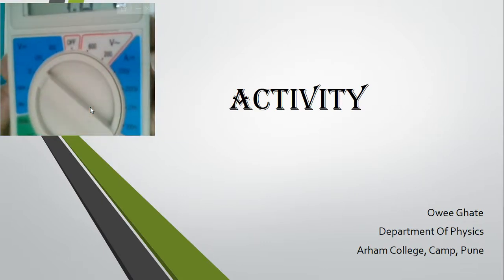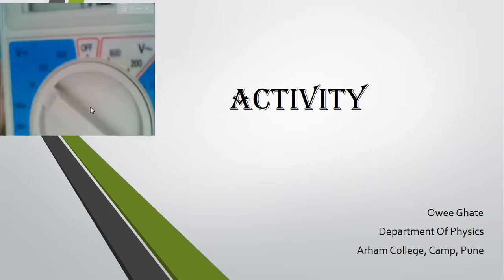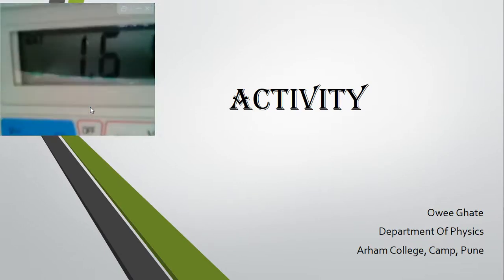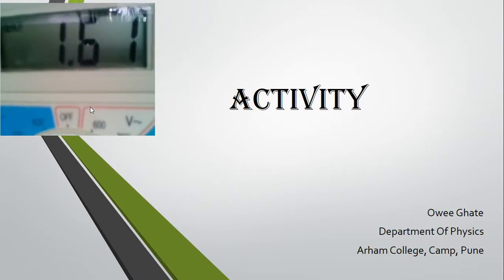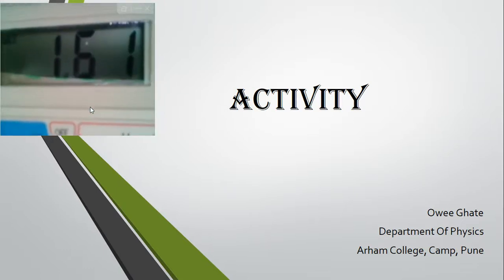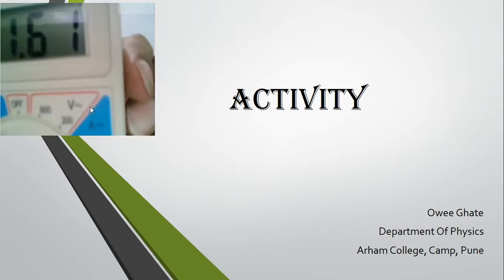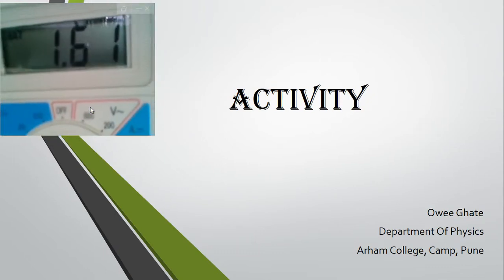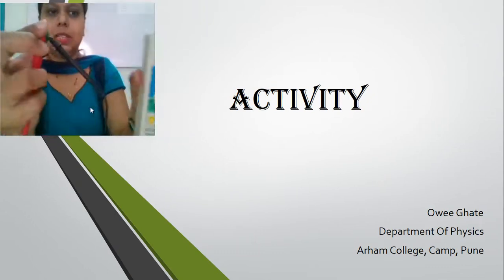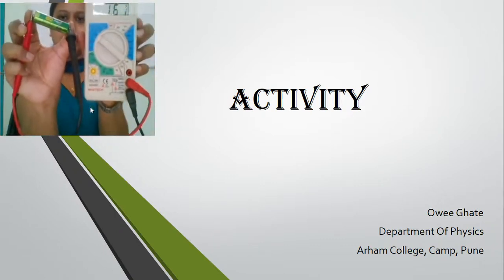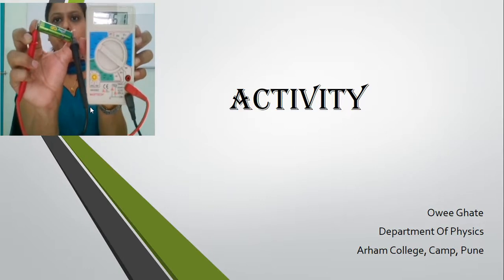As you can see the regulator is on 20 DC volt now, right, and we are getting 1.6 volt. So might be this dry cell is of 2 volt and after discharging we are getting this much voltage. So that means this dry cell has this much voltage.